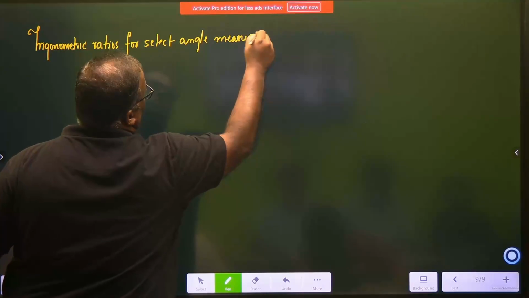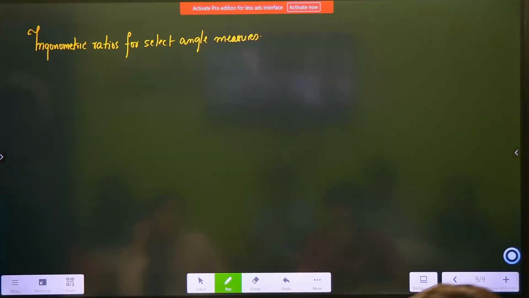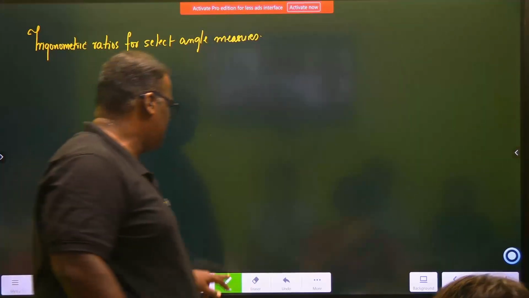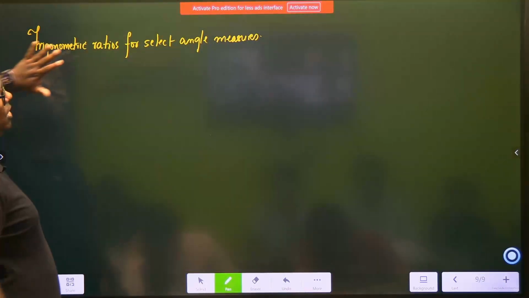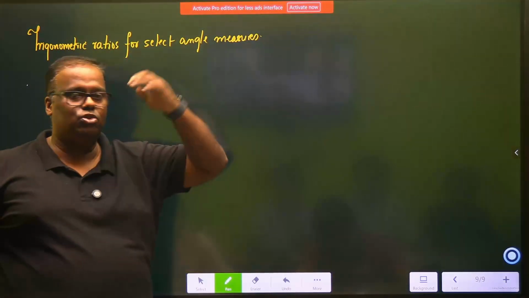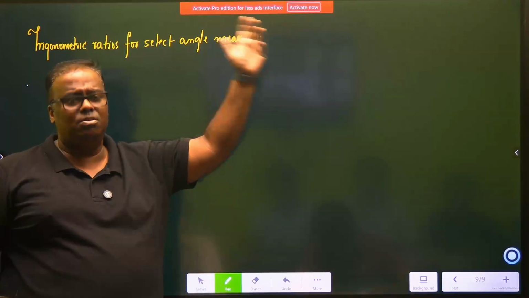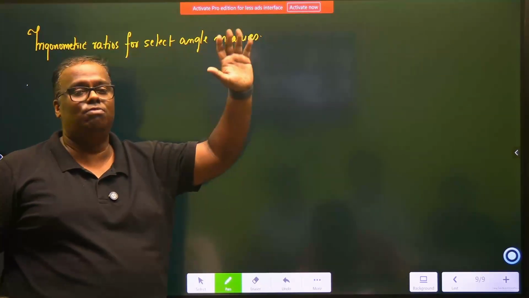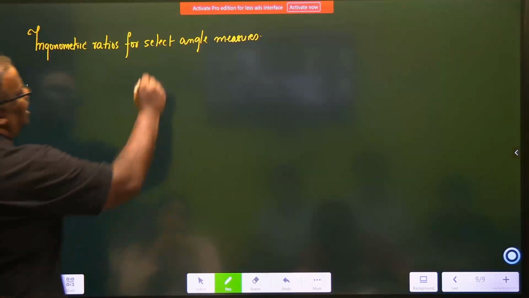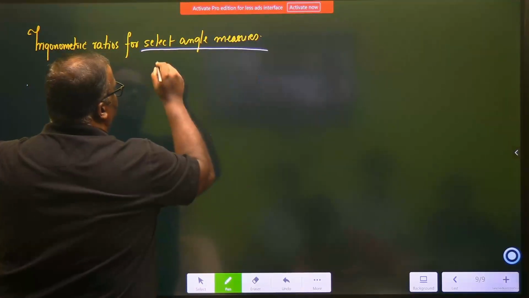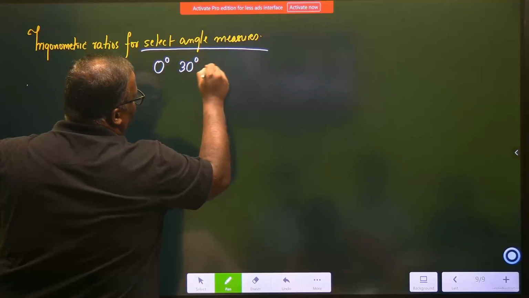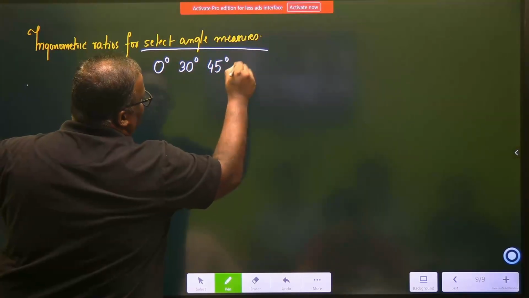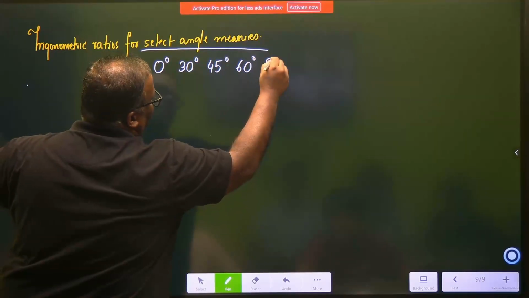This will be more needed in your next chapter, though in this chapter some problems may come which will need this. Trigonometric ratios: what did you find out so far? Sine theta, sine beta. Now it will be sine of some value for select angle measures, and the select angle measures are 0 degree, 30 degree, 45 degree, 60 degree, 90 degree.